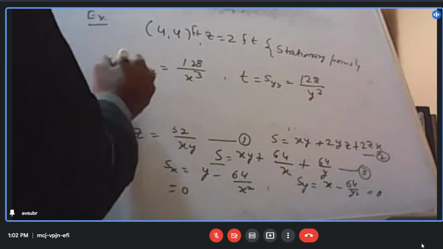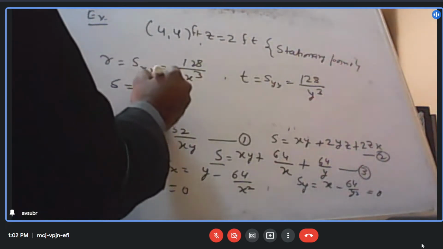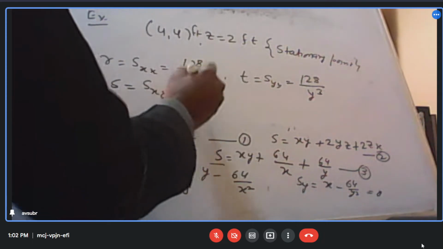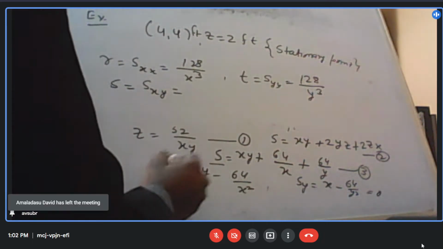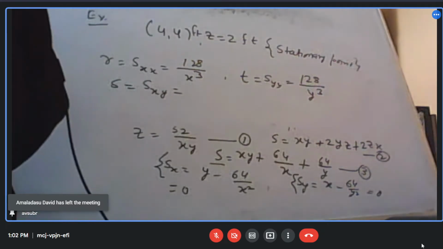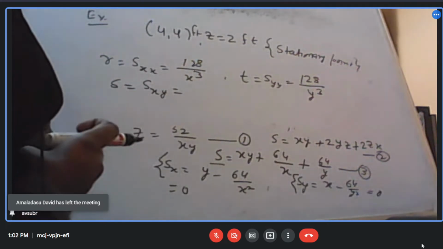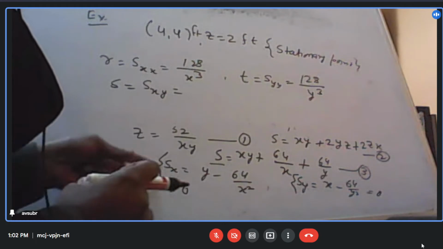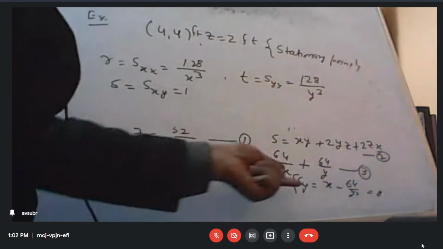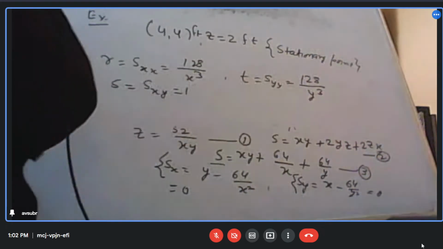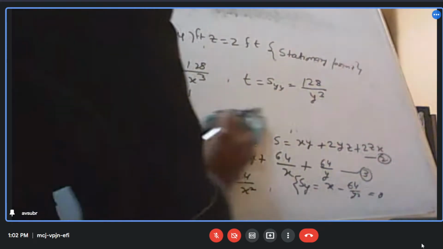And s is equal to s_xy. Whether I differentiate this with respect to y or this with respect to x, I will get 1. So 1, this is what I have got.